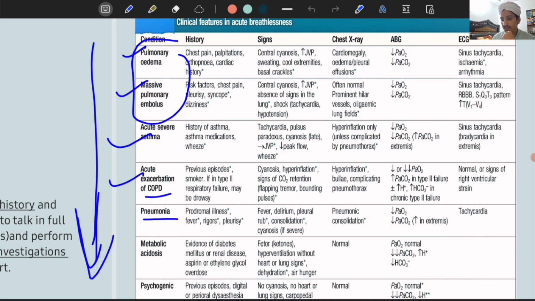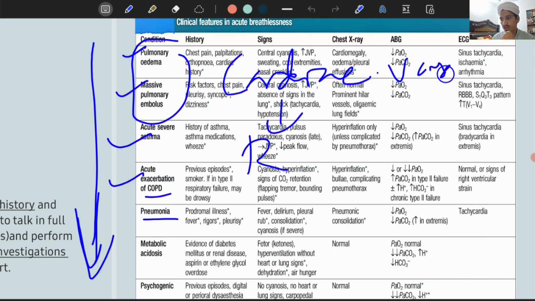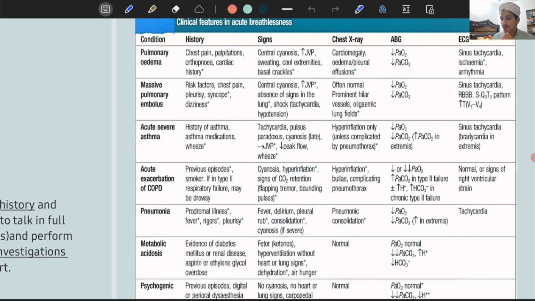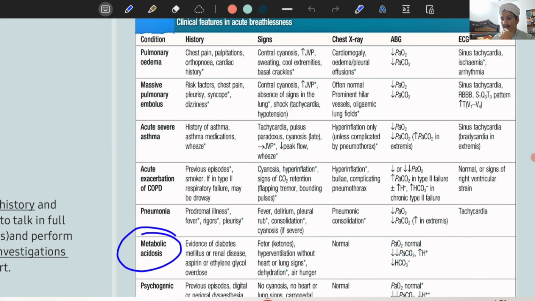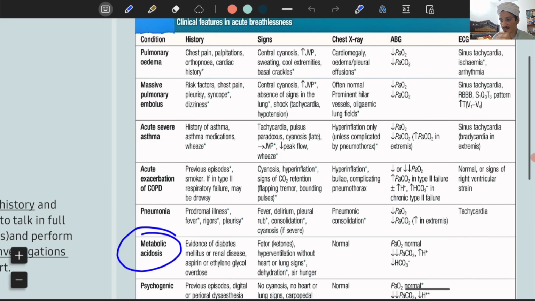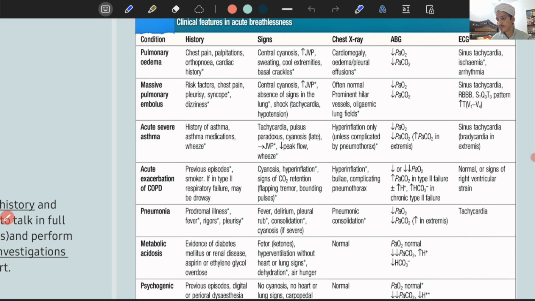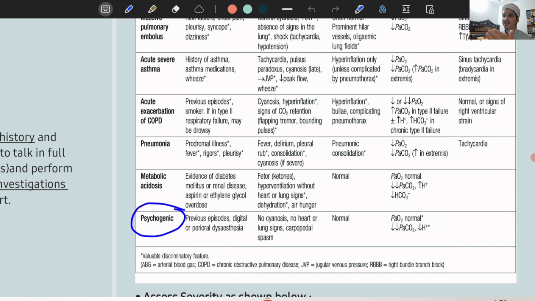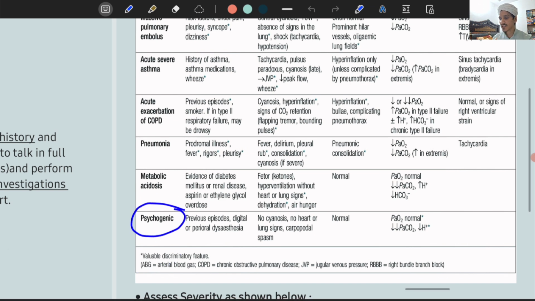Once cardiac is gone, you get to respiratory, then you come to metabolic causes, then psychogenic causes. I am not explaining this because I have explained it in the topic of breathlessness. Metabolic acidosis due to diabetes, renal disease or poisoning, or psychogenic hyperventilation like panic attacks. So this is how you will proceed in acute respiratory failure.